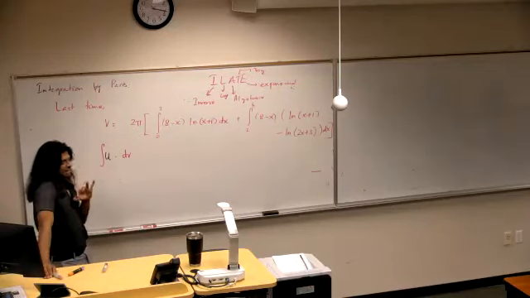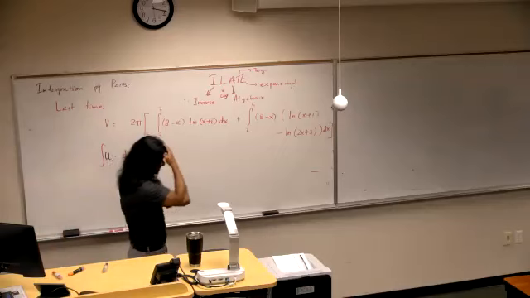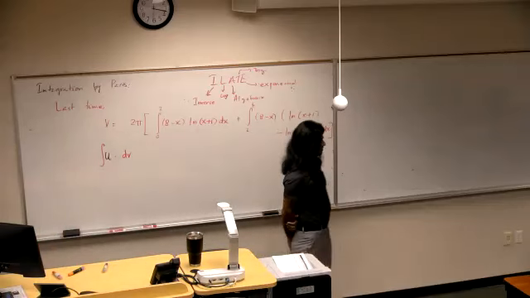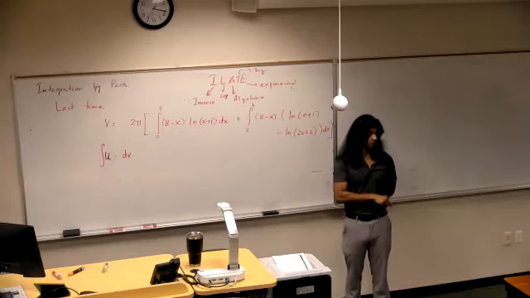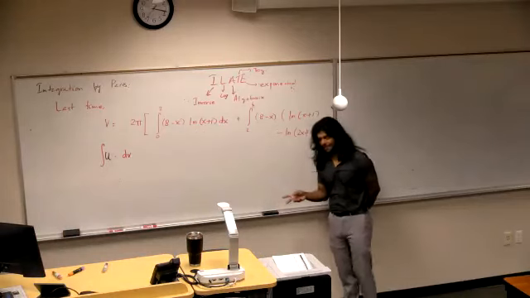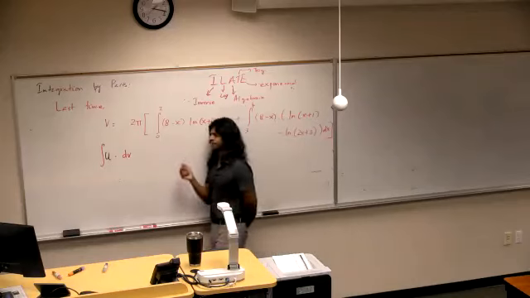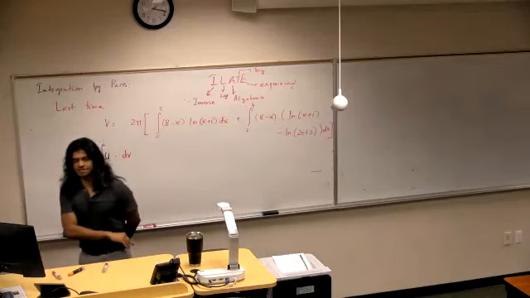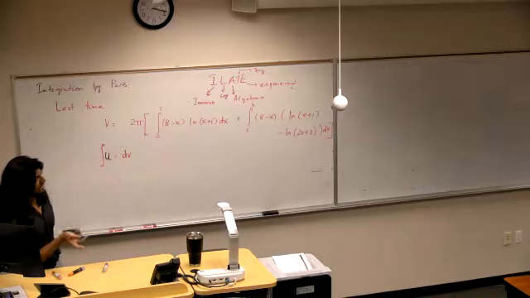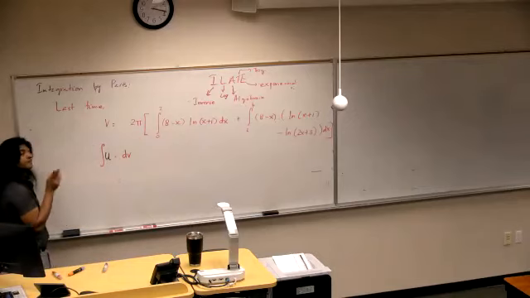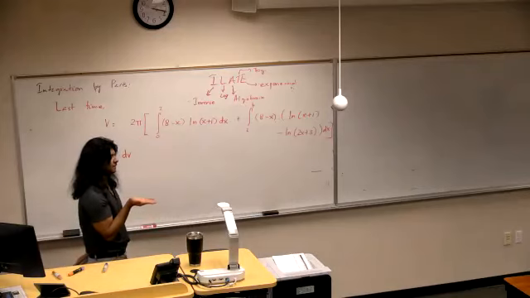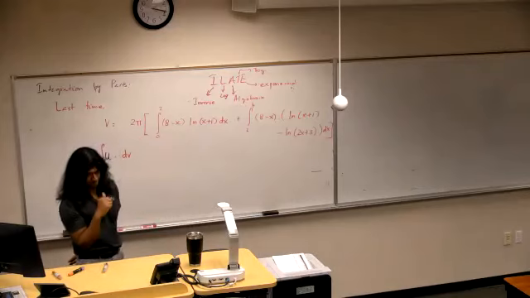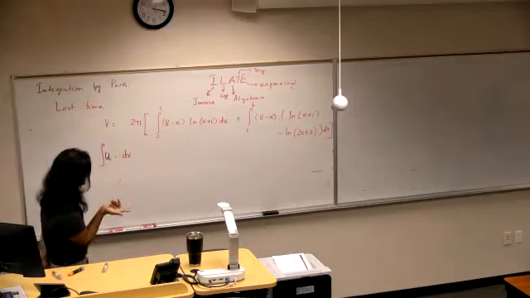So, if you have an integral that has an inverse trigonometric function and a logarithmic function, u will be the inverse function, dv will be the logarithmic function. If you have a trigonometric function and an exponential function, u would be the trigonometric function, and the exponential function will be dv.